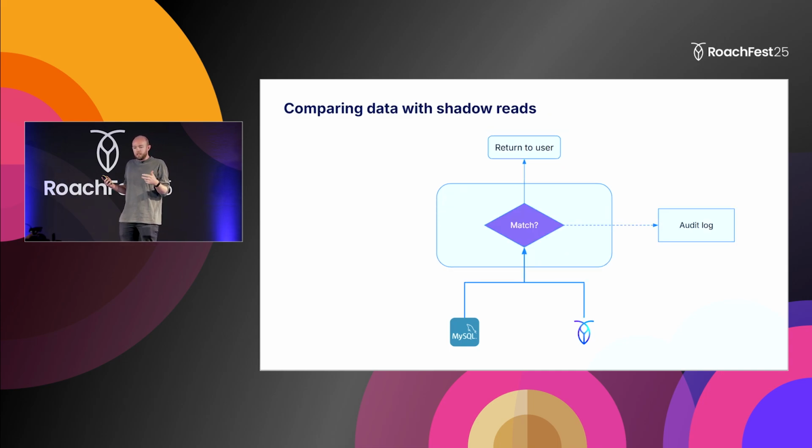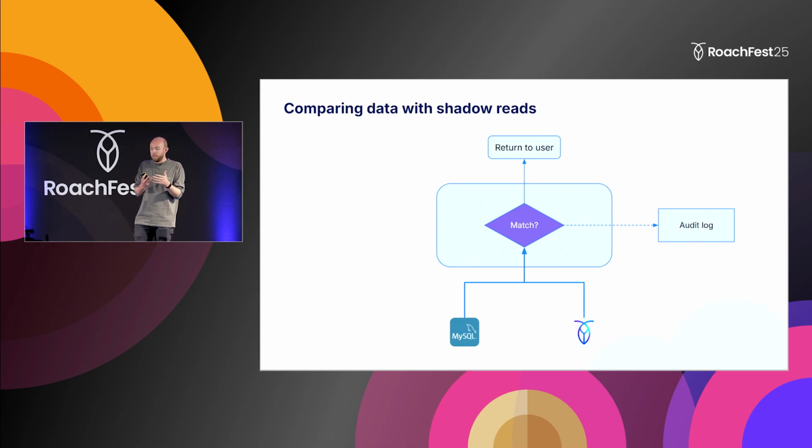The other thing we then did is build a comparison function. What we really wanted to know was, were there any differences between our migrations? Was the MySQL database behaving any differently to the Cockroach database?